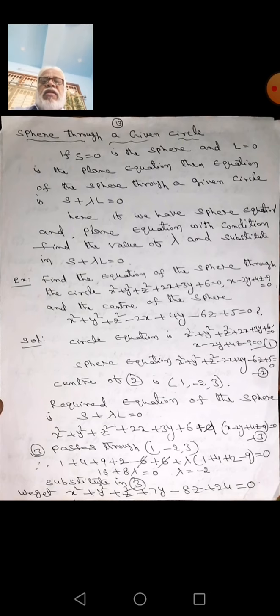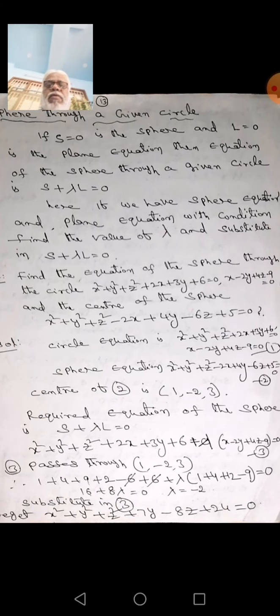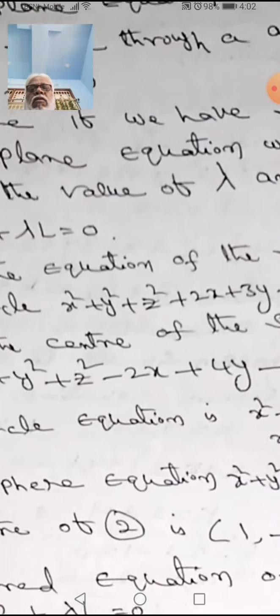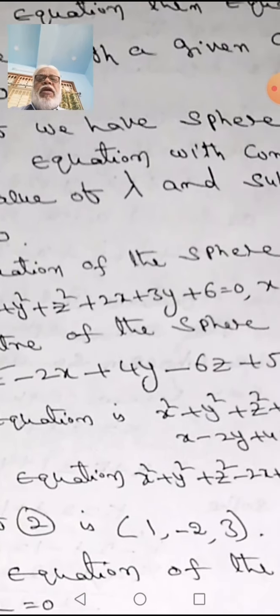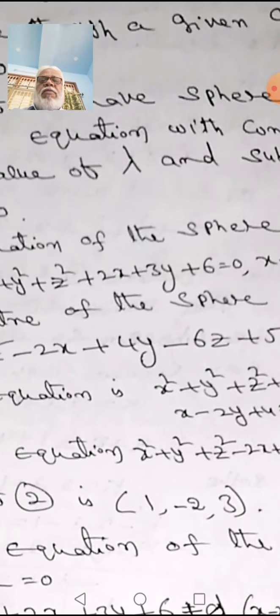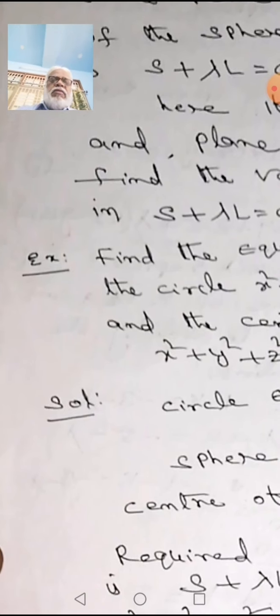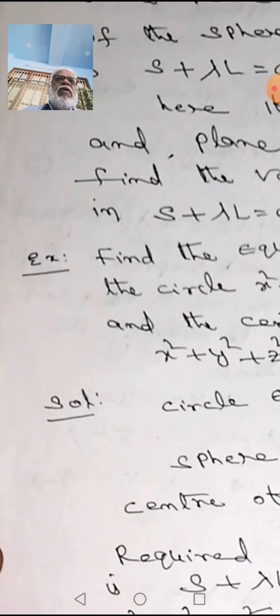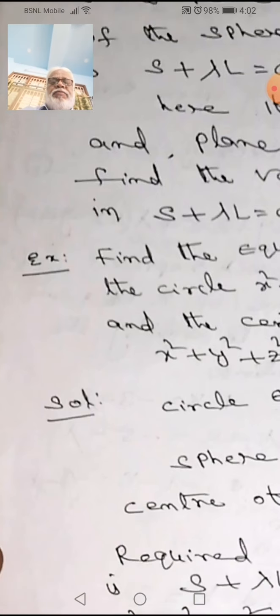Here if you have the sphere equation and the plane equation, and find the value of lambda with the conditions and substitute in S plus lambda L is equal to 0. It means to find the equation of the sphere passing through the circle, if one plane equation is there and sphere equation is there and one condition is there, whatever it may be, passing through the origin like that. So for this we see one example.